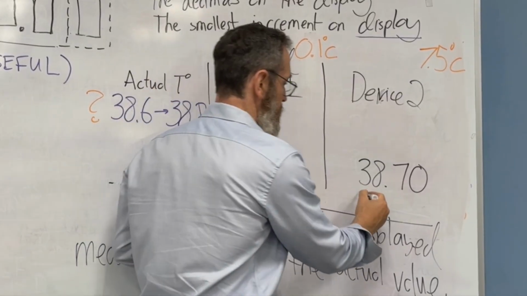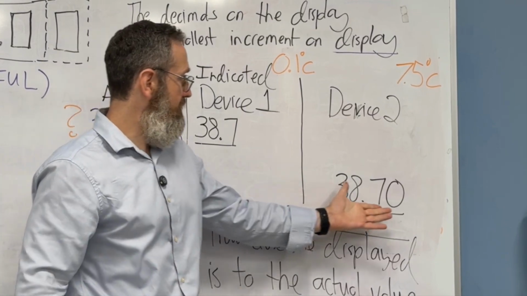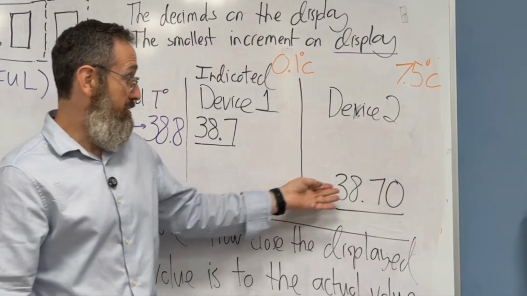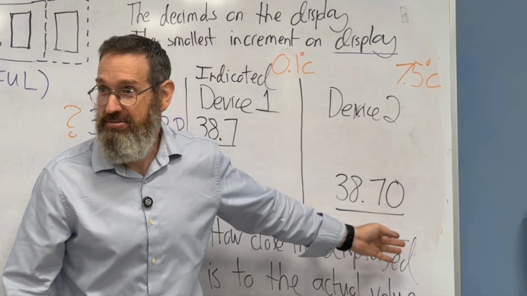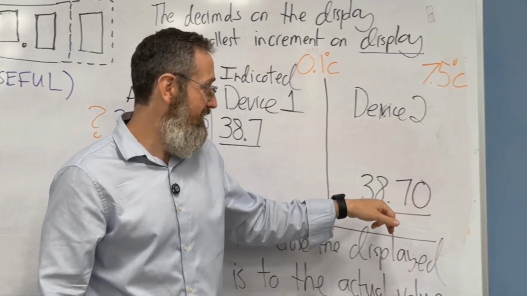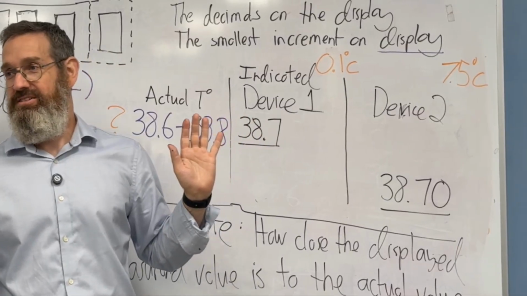Now, the precision is a lot higher. This device is projecting a lot more confidence. 38.70 even, not 38.71, not 38.69. 38.70.